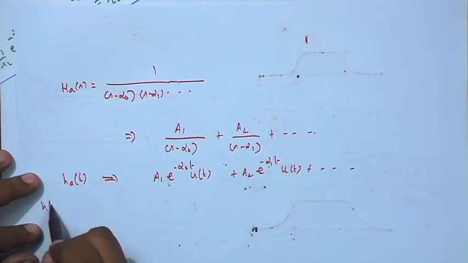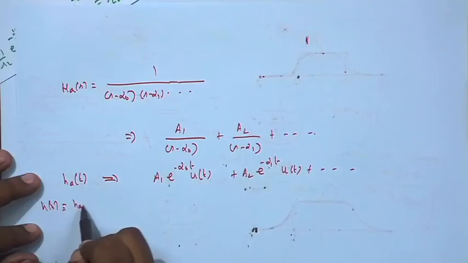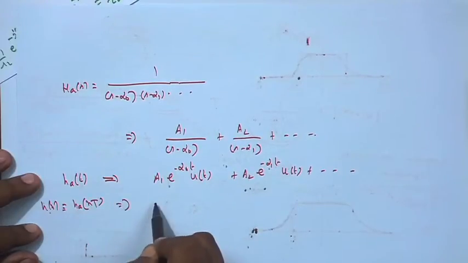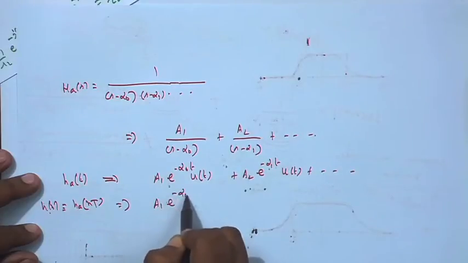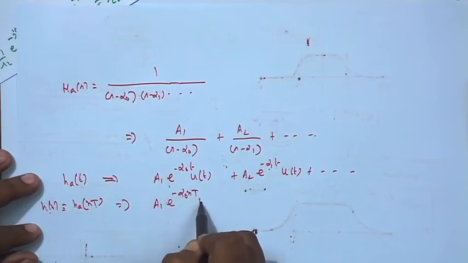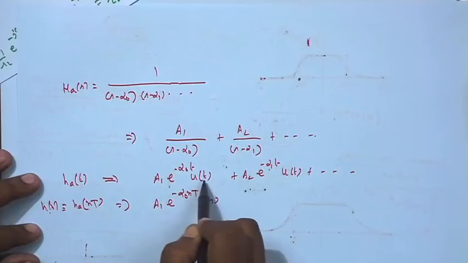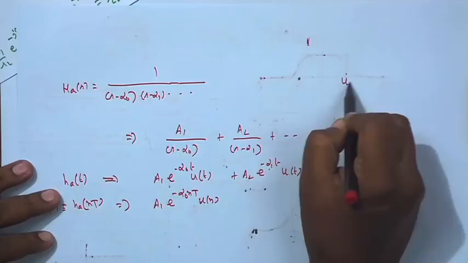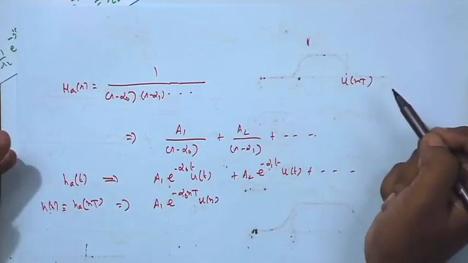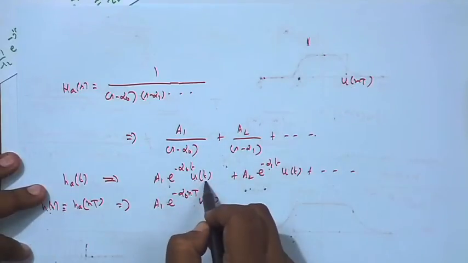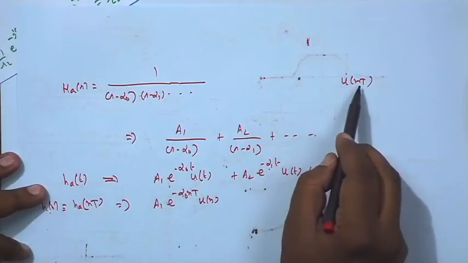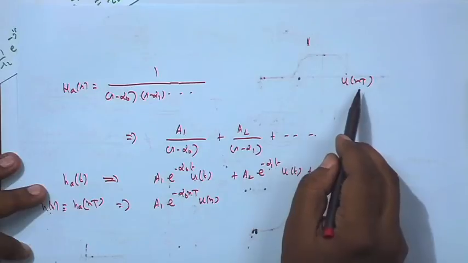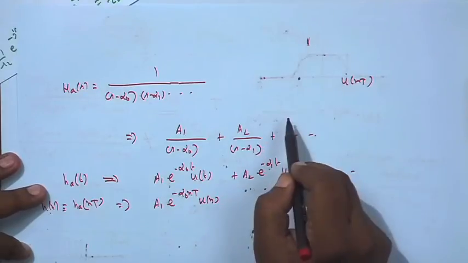Now, if I sample it at the chosen sampling period T, so h[n] will be ha(nT), means A1 e to the power minus alpha 0 nT u[n], because u(nT) means same as u[n]. The original analog unit step function at nT will be 1 if n is positive, if n is negative it will be 0.